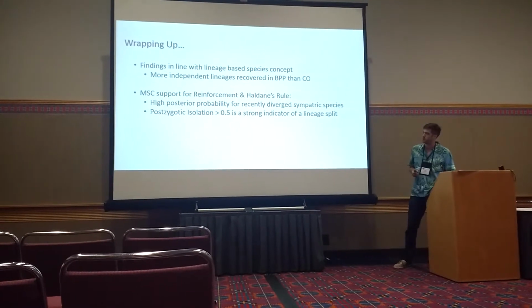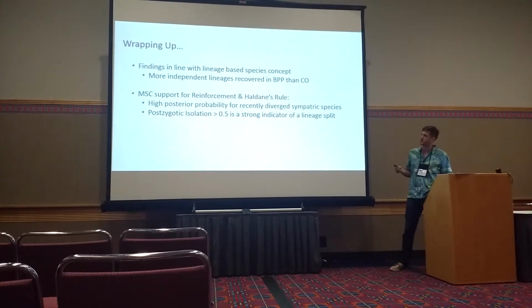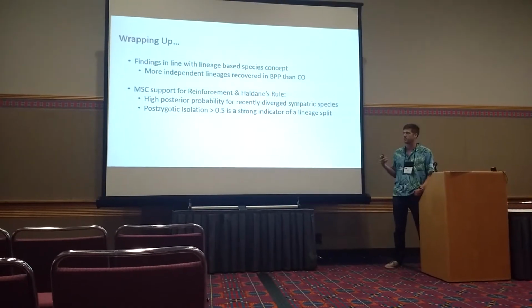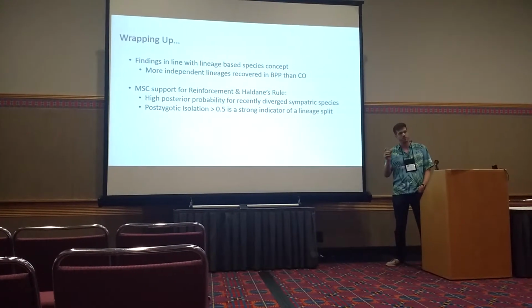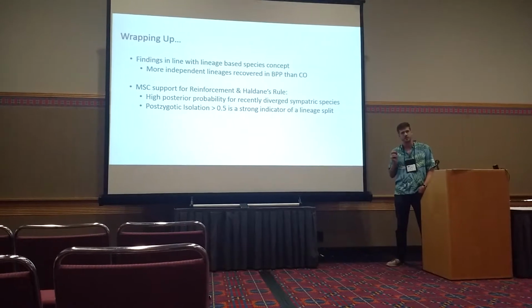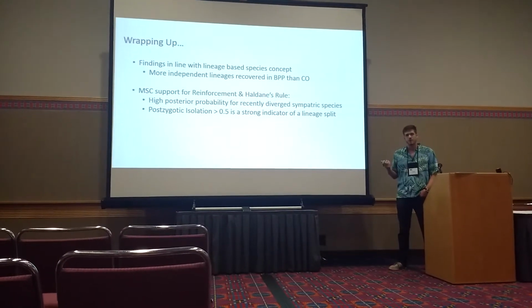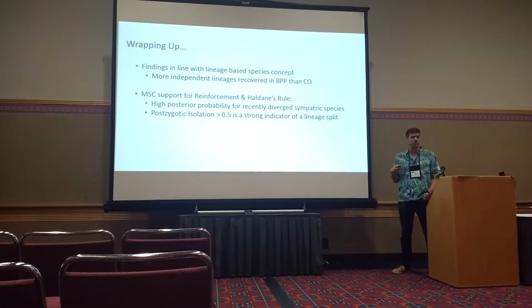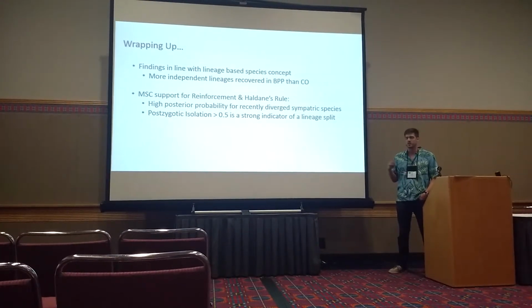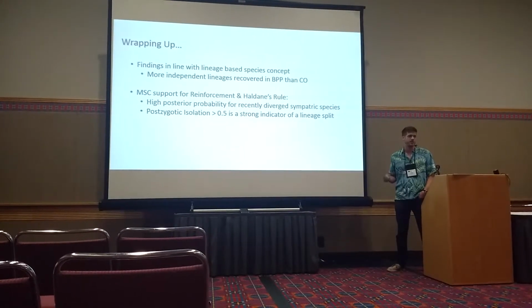This is pretty remarkable. As for reinforcement, we say that it's supported because there's high posterior probability, even for these recently diverged taxa that are in sympatry. And as for Haldane's rule, we see this pattern that if you have post-zygotic isolation greater than 0.5, that's a really strong indicator of a lineage split.